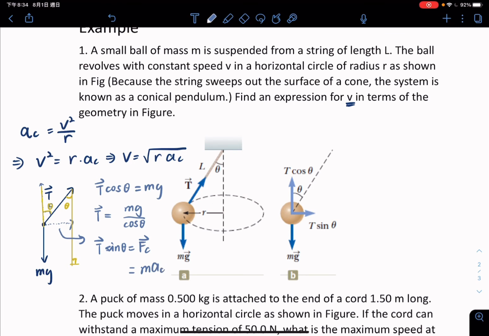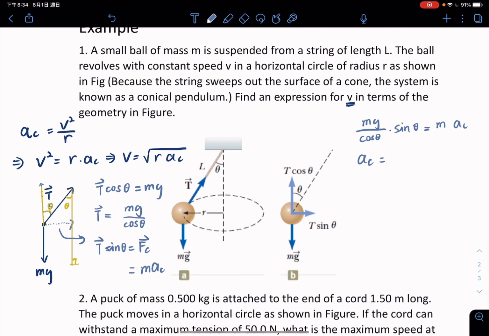Then we just need to do some substitution by T. T is NG over cosine theta. NG over cosine theta times sine theta is equal to N times AC.